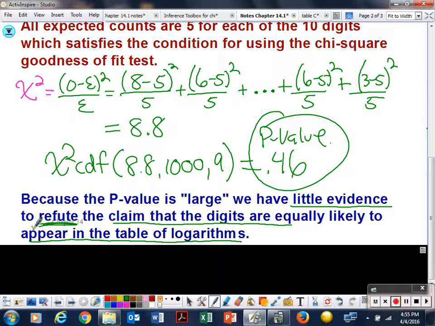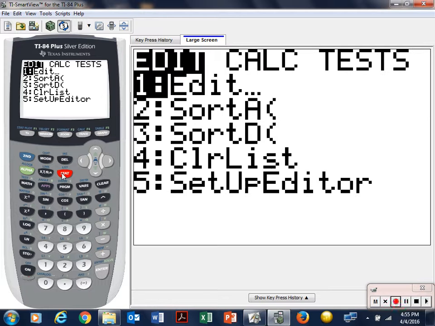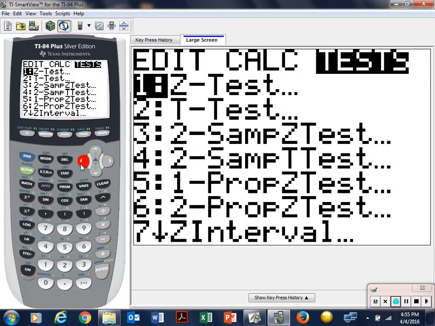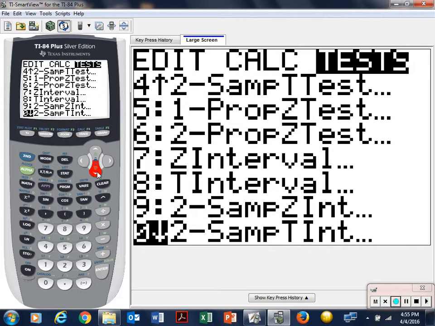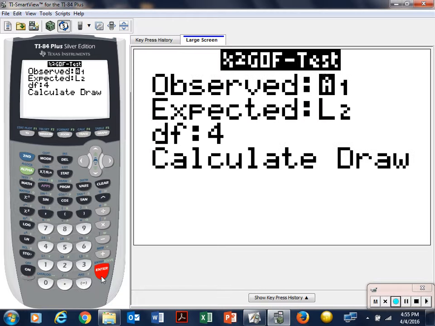Now, those of you with the fancier calculator, all you have to do, once you have your data typed in, is go to Stat Test, go to the chi-square goodness of fit. Okay, again, mine's letter D, whatever yours is on your calculator. Pick it.